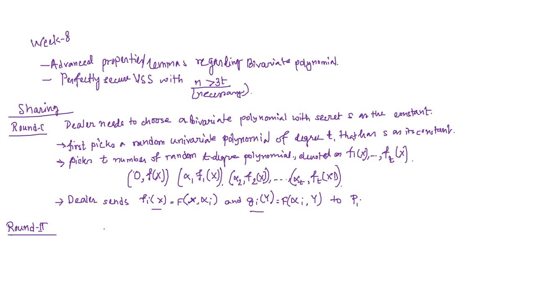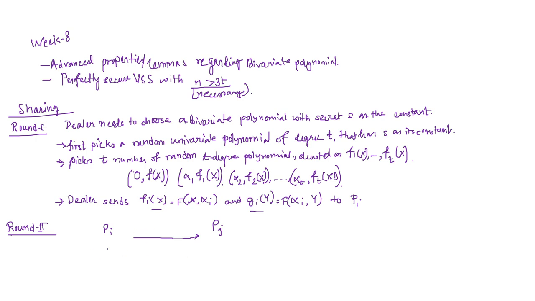Here each pair of parties, there are two parties Pi and Pj, they will exchange between them some information. What is that information? So Pi has received Fi(x) and Gi(y) from the dealer and Pj has received Fj(x) and Gj(y) from the dealer.